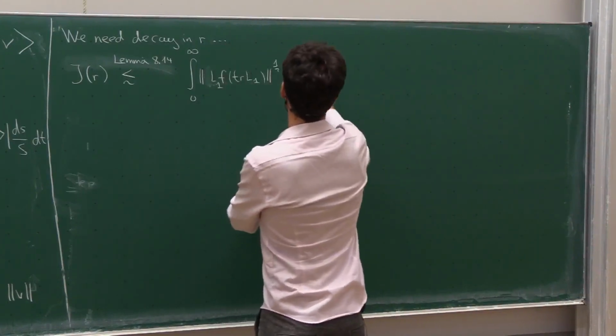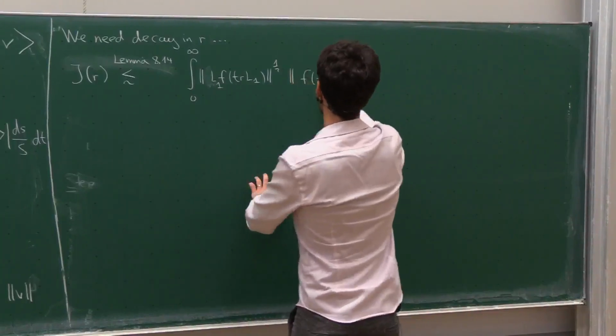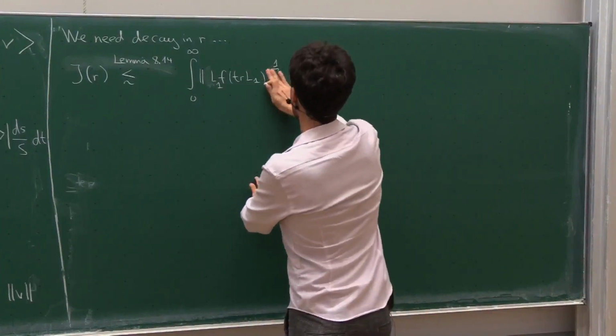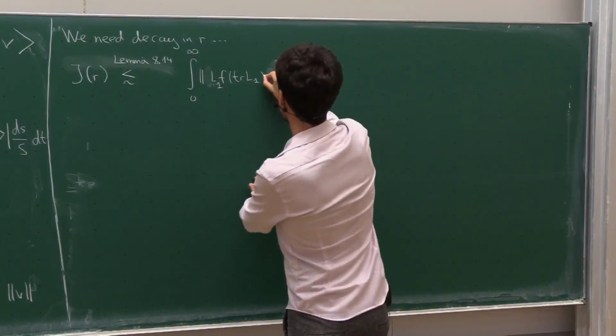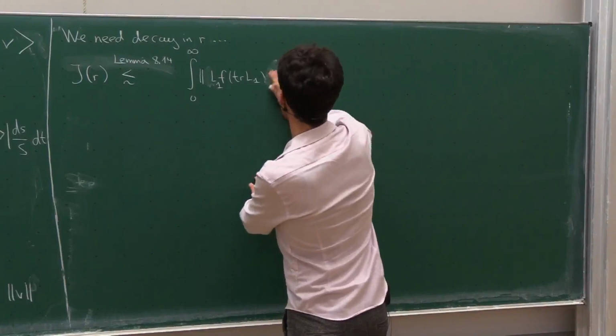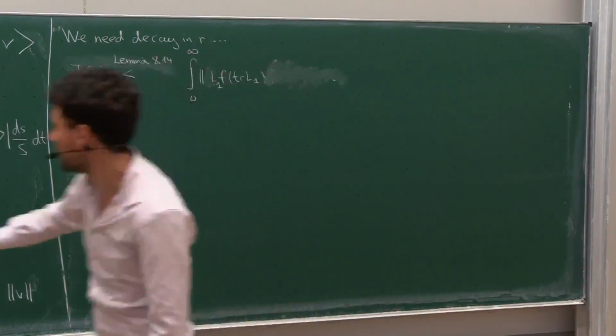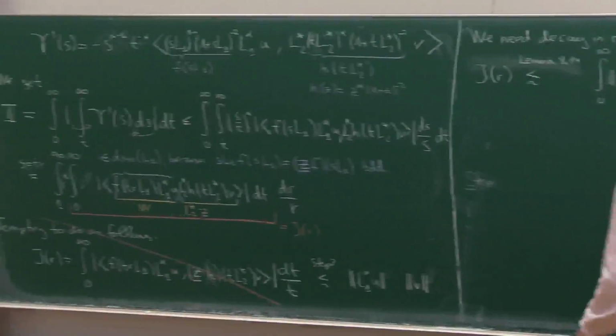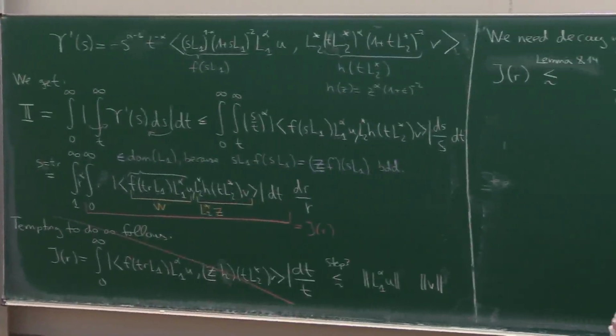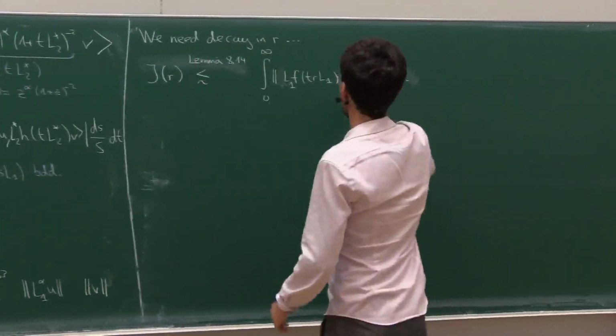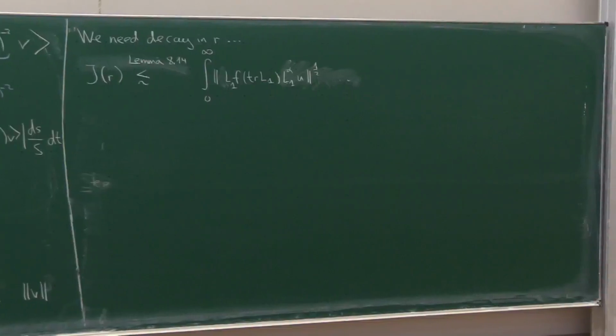Then I get just the vector. So this is L1 of W. I'm beginning to get sloppy here. So it's this guy acting on L1 to the alpha to the 1/2. Okay, so sorry for the confusion.